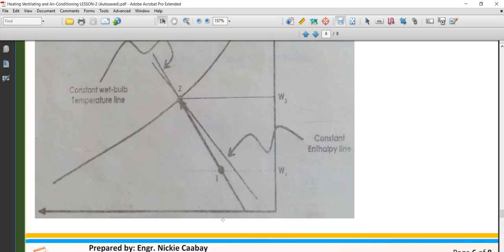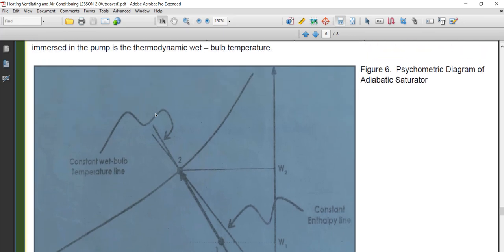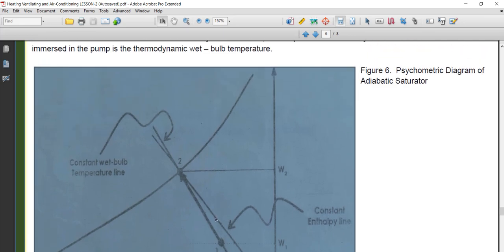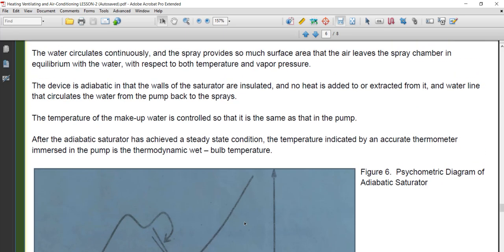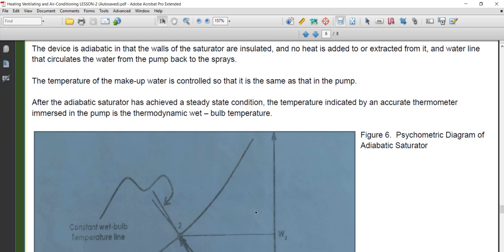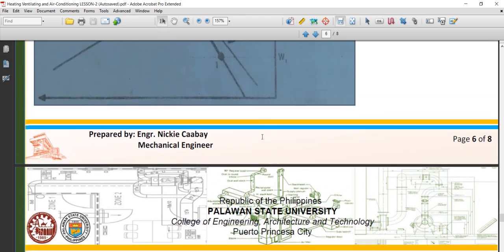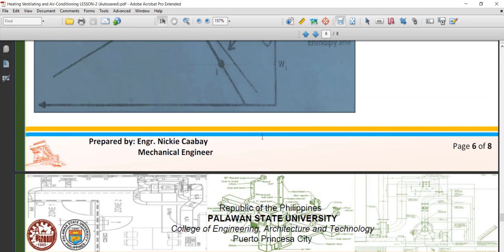As you spray the water in the form of mist, the air absorbs moisture, so the air becomes saturated. The moisture content of the air is higher, in Tagalog, mamasa-masa.